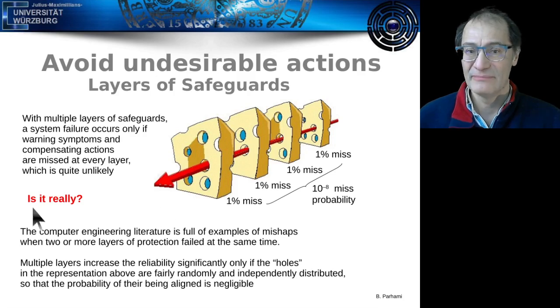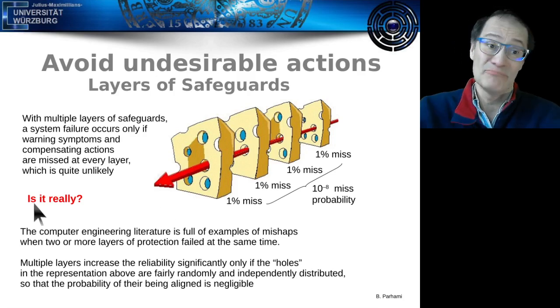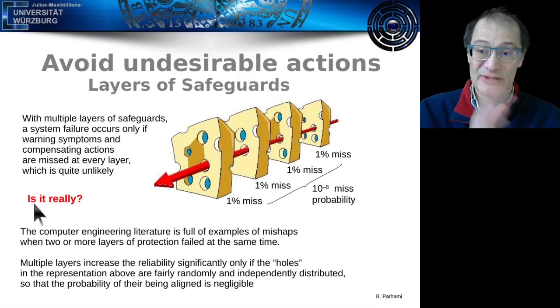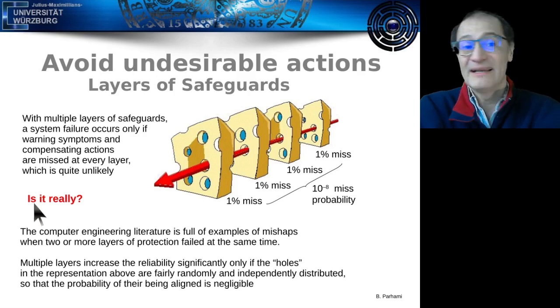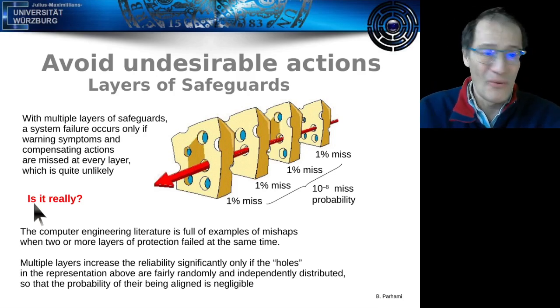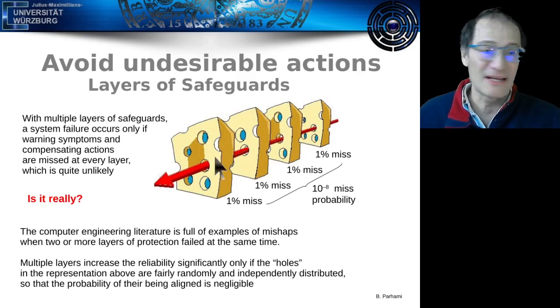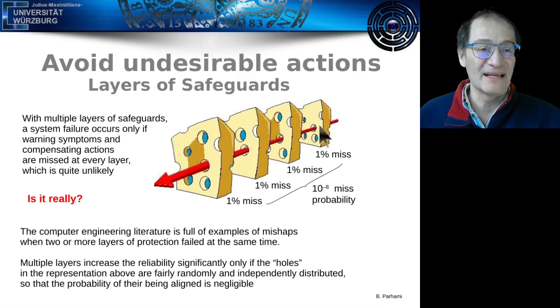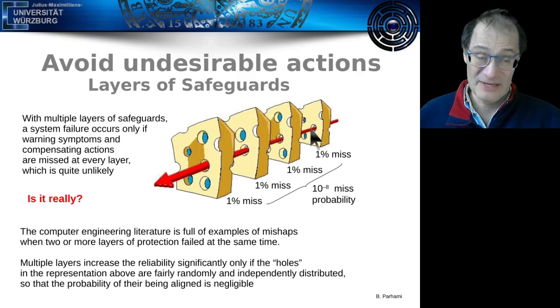Well, but if you take a look at reality, that's not the case. We have so many systems with 4 layers of protection, and despite these 4 layers of protection, we have an accident. The reason is that these holes, which are not perfect in the layers, are not really randomly distributed.